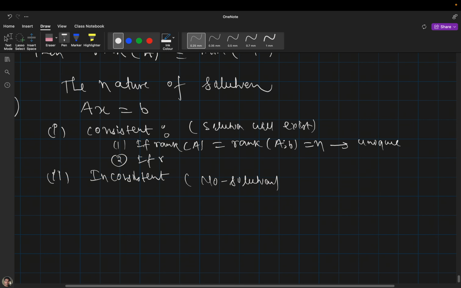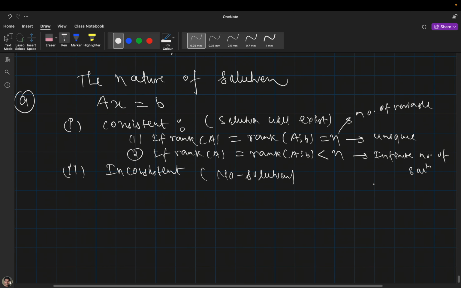And if rank of A equals rank of augmented matrix [A|B] but is less than the number of variables, then it will have an infinite number of solutions.